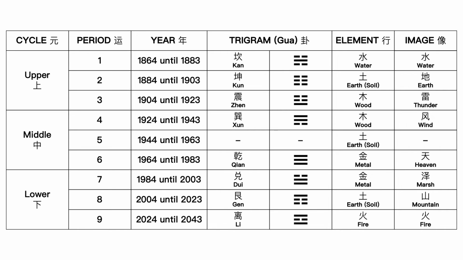Here is the summary of all the 9 periods, including each of the periods, trigram and element. Please take a screenshot and try to keep it and memorize them whenever possible, because this could be a useful guide for all the references of our future videos.